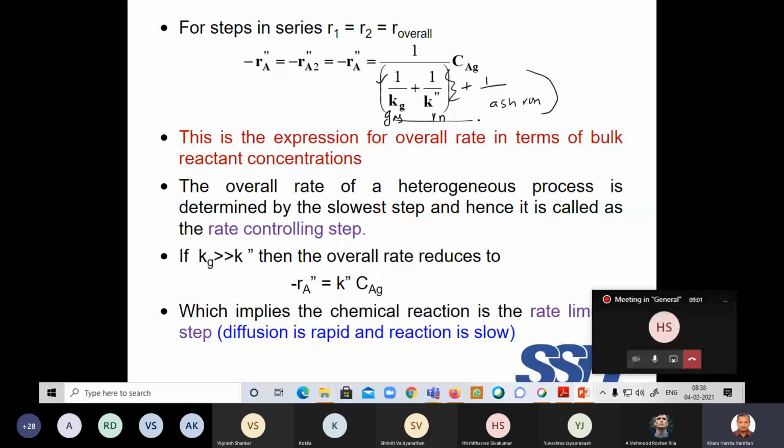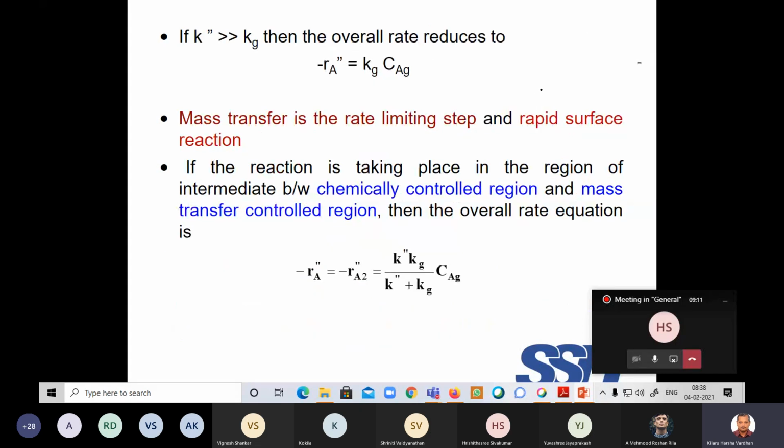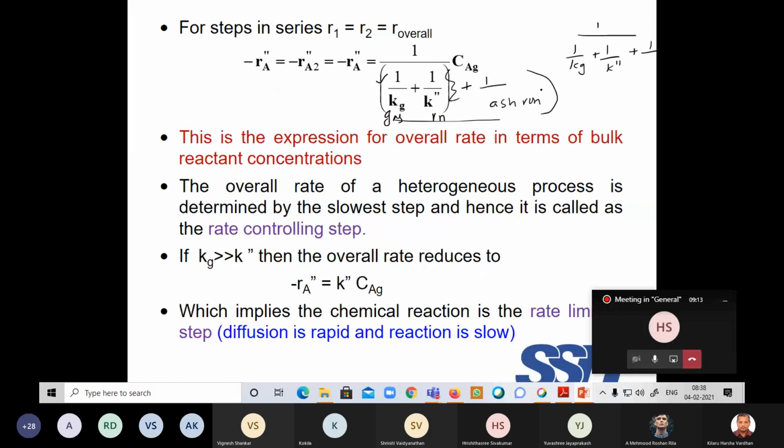This denominator will have three terms, that is 1 by kg plus 1 by k star plus 1 by ash. So this should be multiplied into CA. This tells you how many resistances are involved.